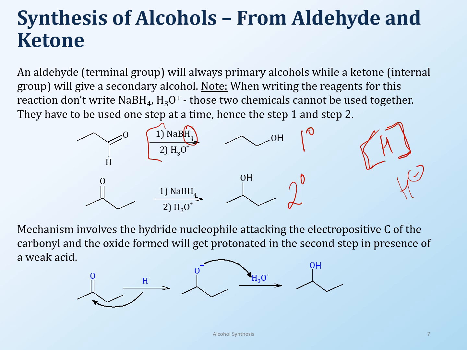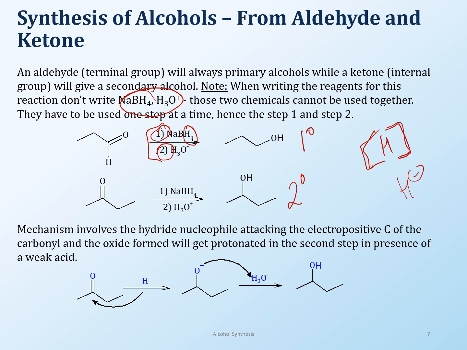It is fairly reactive, and so you have to prevent it from reacting with water. This is written as 1 and 2 because you do this in a two-step process. You don't add the acid water along with the sodium borohydride. So just be careful when you're writing these reagents. Don't write it with a comma. You have to write it as 1 and 2.